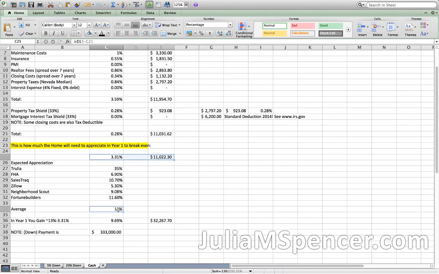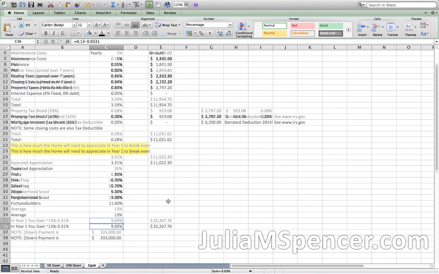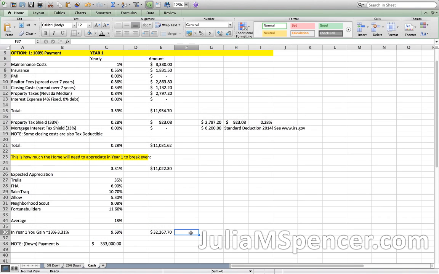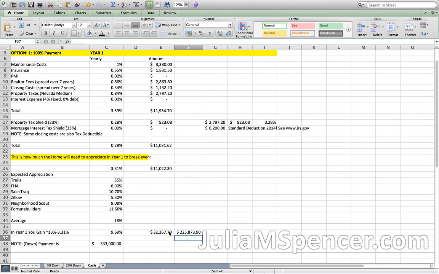The average, I still use 13%. If you subtract 3.31 from 13%, you get roughly 10%. 10% of $333,000 is roughly 33,000 or 32,000, since it's a little bit less than 10. And if you multiply that out times 7, apologize, I haven't done that before, your savings is this amount.